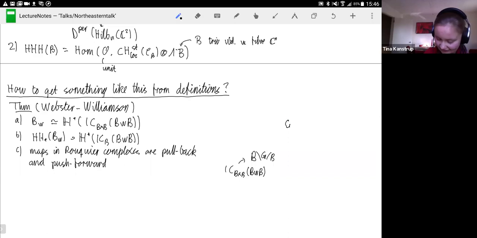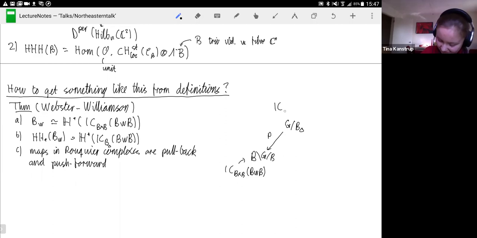And I could also take B with the diagonal action. I think the usual way is just to write B, but I think maybe it's actually the diagonal action, so maybe I'll put a diagonal here just to not confuse people.